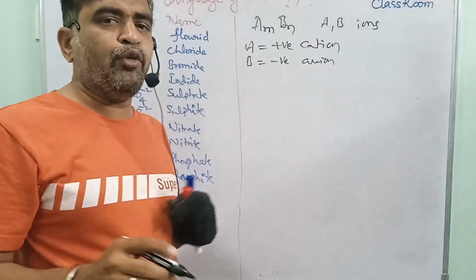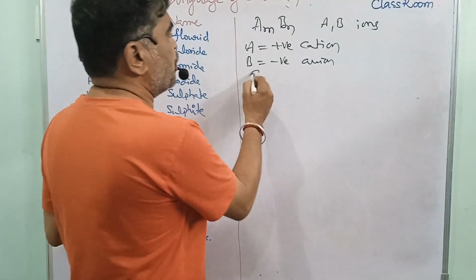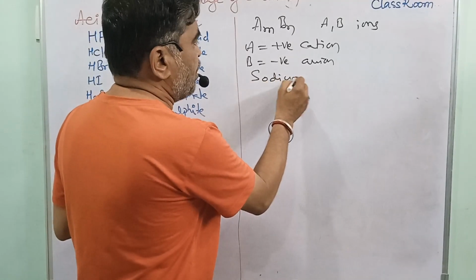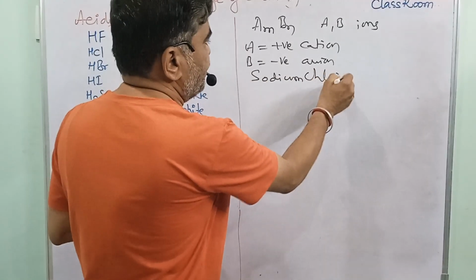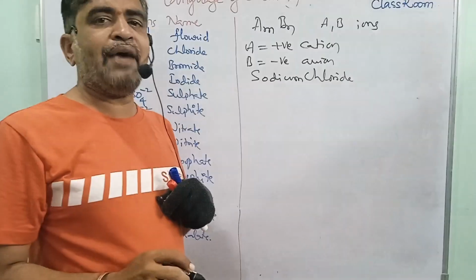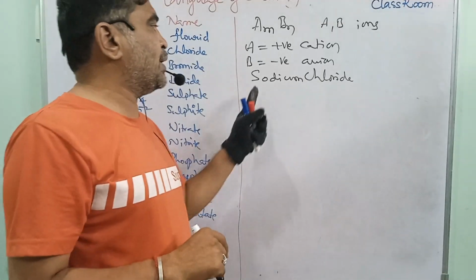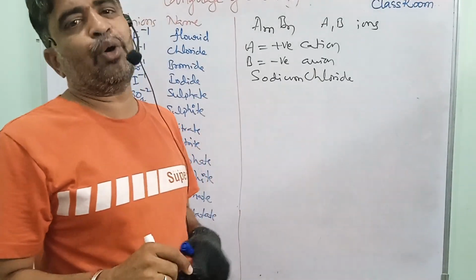Generally, if you want to write a compound, take for example sodium chloride. When you see this compound, it is a combination of two words. The one is sodium and the second is chloride.